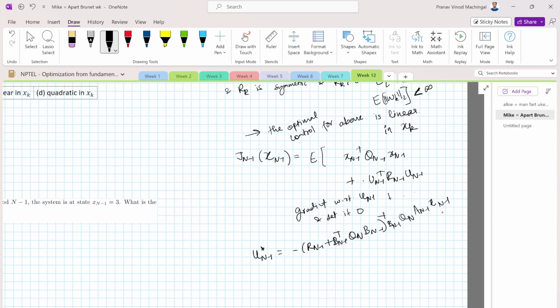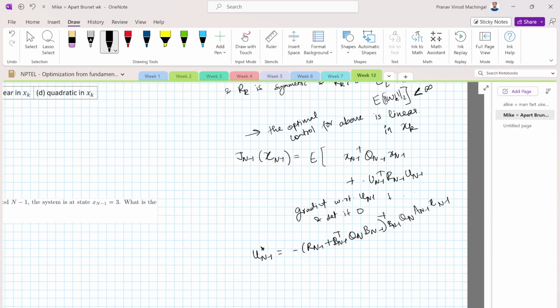So as you can see, it is linear in xn minus 1. Then you do the same thing for jn minus 2, you'll again get linear in xn minus 2.